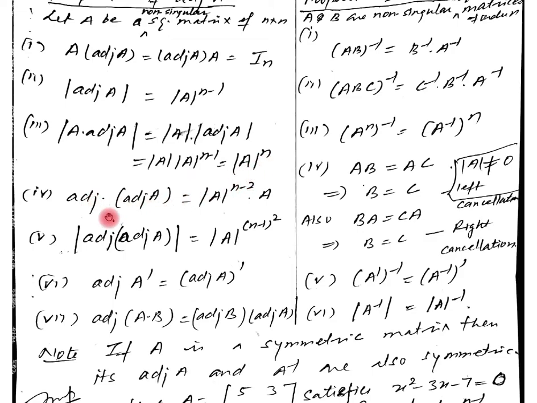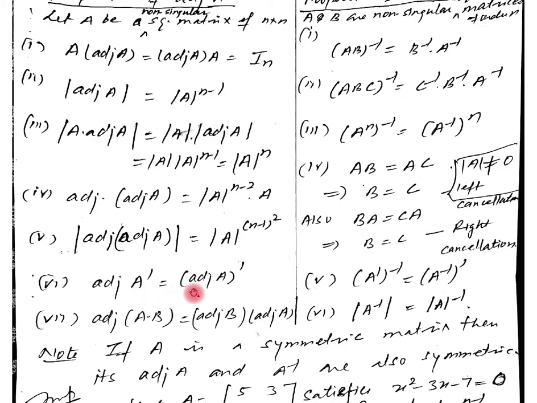Similarly, adjoint of adjoint of A equals determinant of A raised to power n minus 2 into A. And determinant of adjoint of adjoint of A equals determinant of A whole power n minus 1 squared.